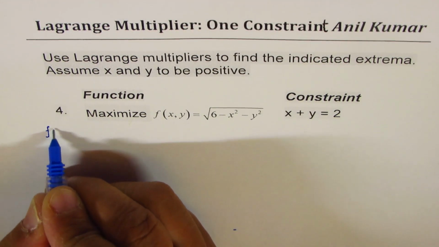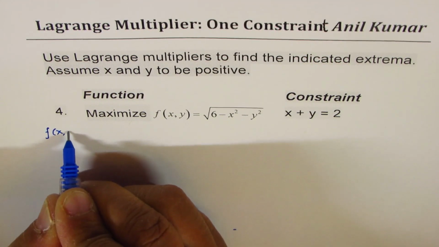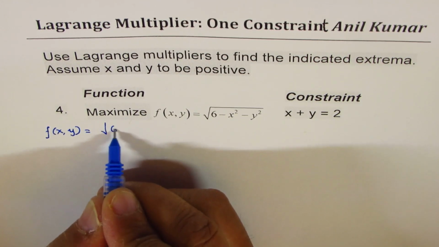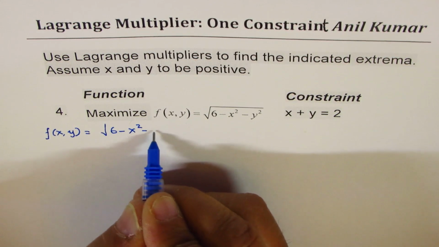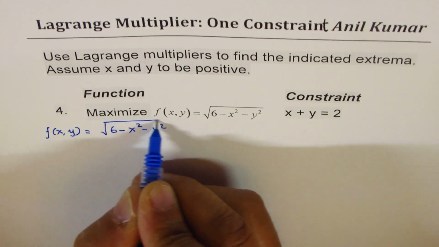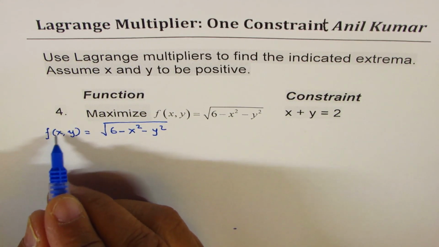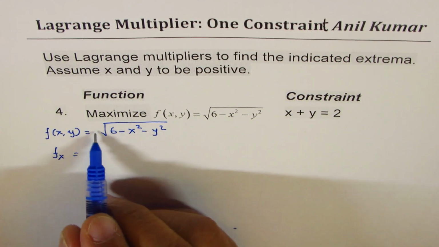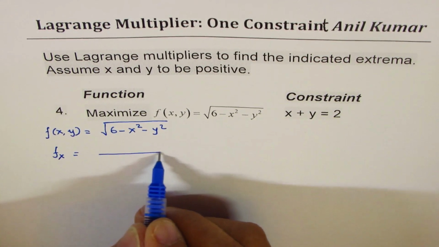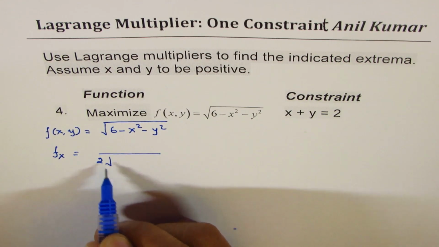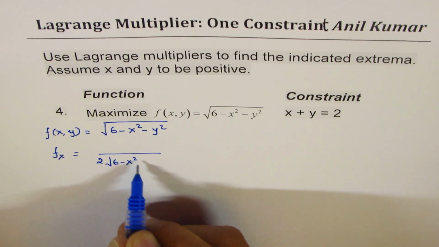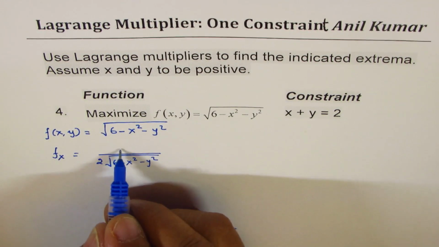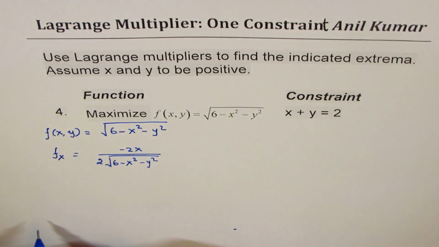Now we'll begin as we did last time with our function, which is a two variable function, square root of 6 minus x squared minus y squared. The partial derivative of this function with respect to x will be, since this is a square root function, half of the square root of 6 minus x squared minus y squared, times the derivative of this function, which is minus 2x, correct?